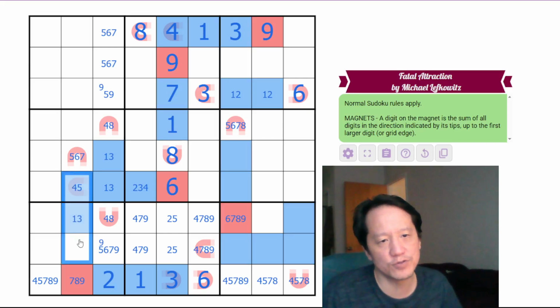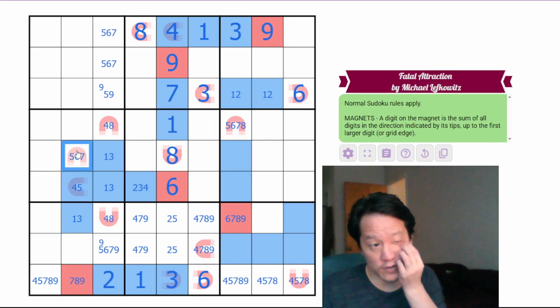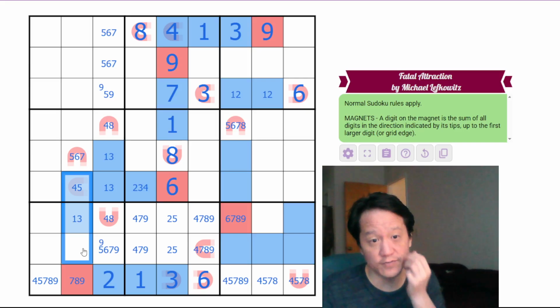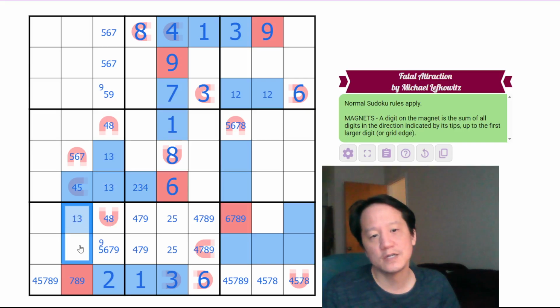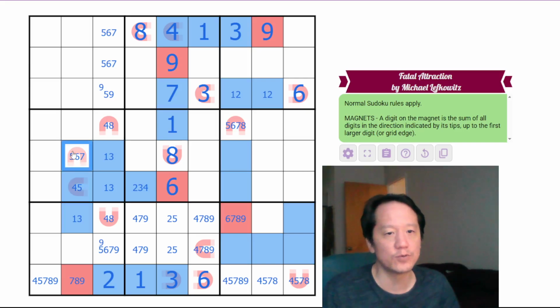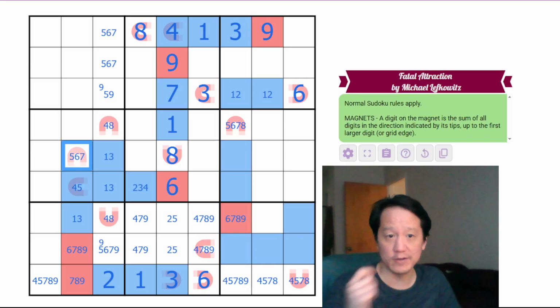So if this were 3 digits, you cannot have 2 in that set of 3 digits because this is a magnet which is greater than 2 digits. 2 can't be here because 2 in the box. So this is minimum 1, 3, and 4, which adds up to 8, which this can't be. And this digit needs something greater than it, so it must be these 2, and this must be greater. So this is 6 through 9 to be greater than 5, 6, or 7.